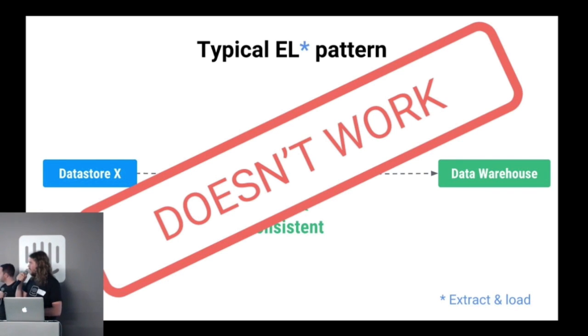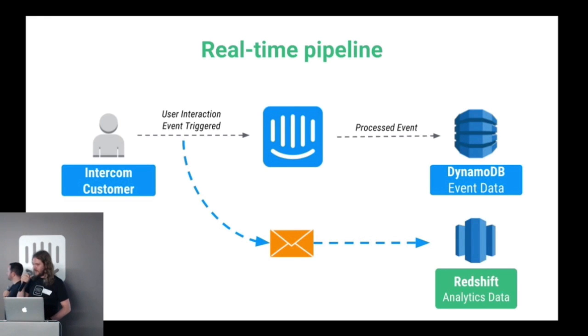So here is what we landed on, this type of conceptual design. We intercept the event, and we put it through a so-called real-time pipeline, and that gets ingested into our Redshift data warehouse. That way we don't have to read all of it.